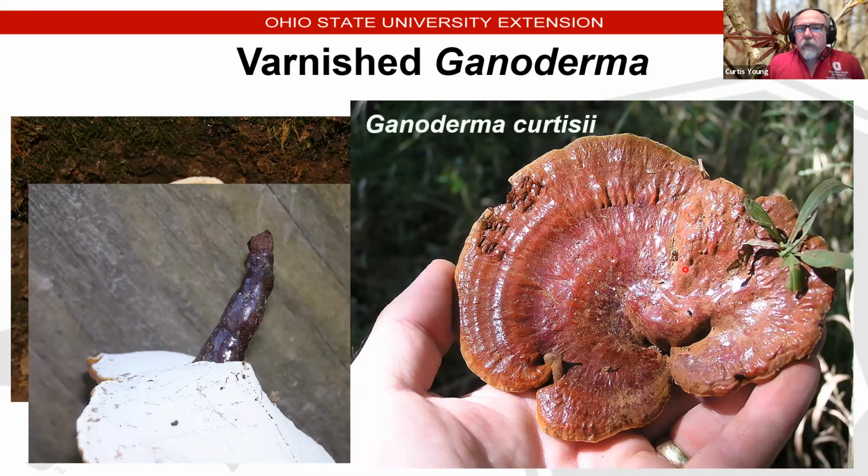This one happens to be Ganoderma curtisii. And no, I didn't name it. Somebody else had named it with that name, Curtis, probably a last name rather than a first name. This is a very common varnished polypore that we have in the US.